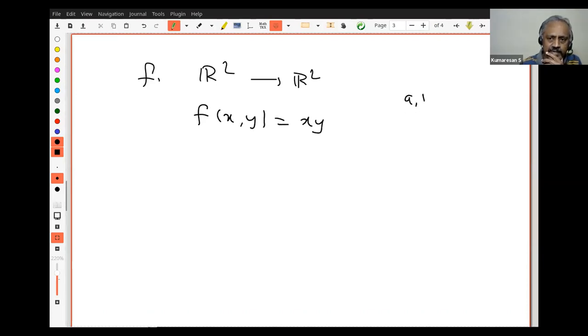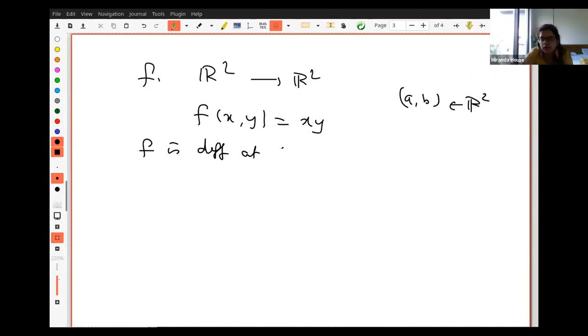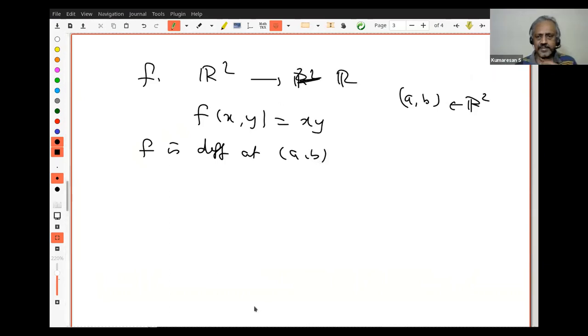Fix a point (a, b) in R2. I want to know whether f is differentiable at (a, b).